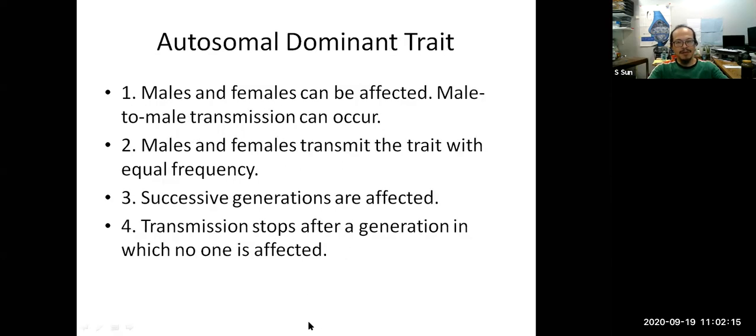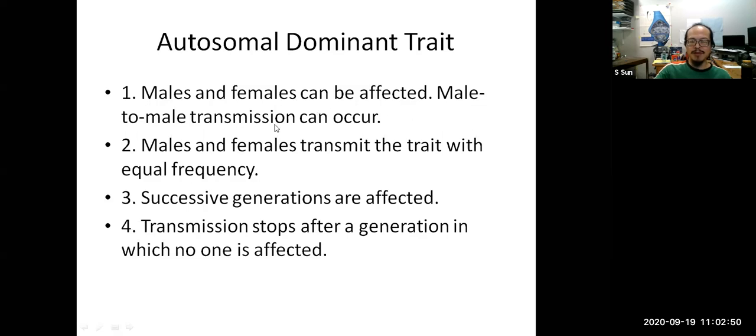Autosomal means that it's not from the sex gene, it's from the autosomal gene. We have 23 pairs of chromosomes, and 22 pairs are autosomal chromosomes. So autosomal dominant traits can affect both male and female.